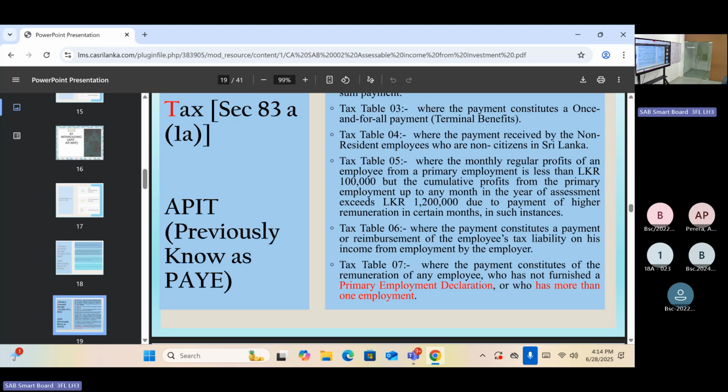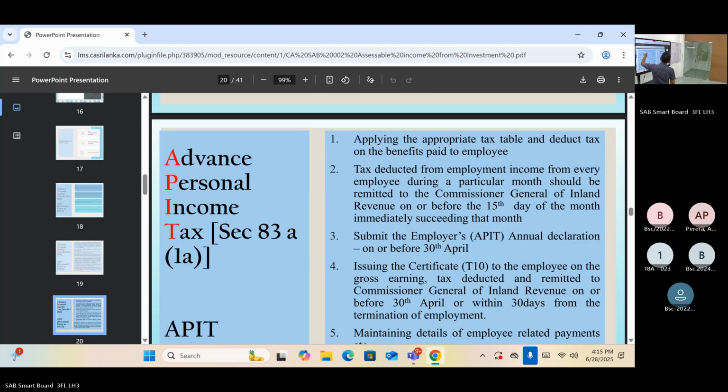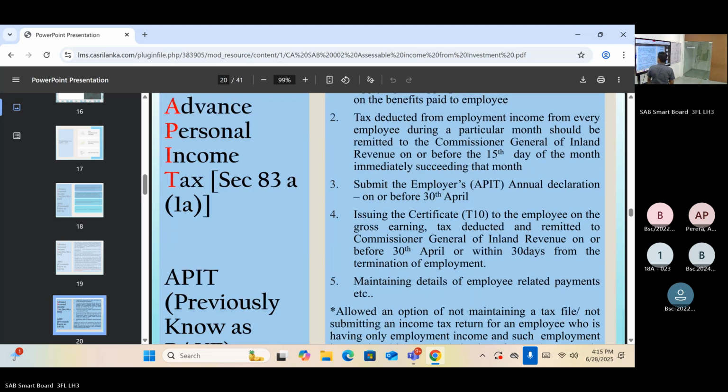Any question? So then, employee side again tax question, employee side, because we are testing corporate tax liability. So then what is the employer's responsibility?